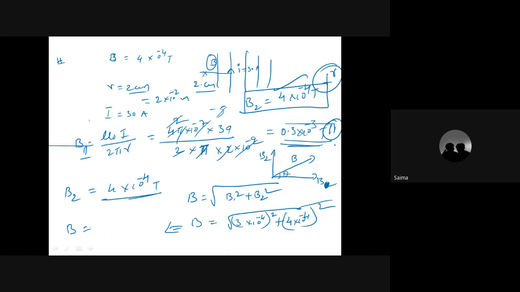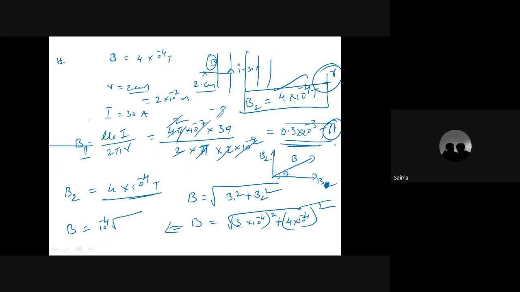To achieve the resultant value, if I take the common 10 to the power minus 4, since root is there, from both cases it comes out. But the rest, 3 3s are 9, plus 4 4s are 16. It gives us 25. Then 5 into 10 to the power minus 4 Tesla is the resultant magnetic field.